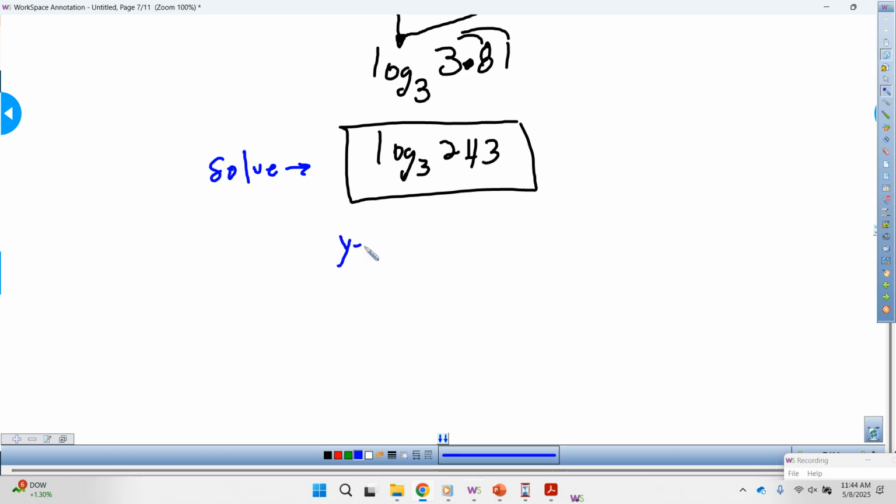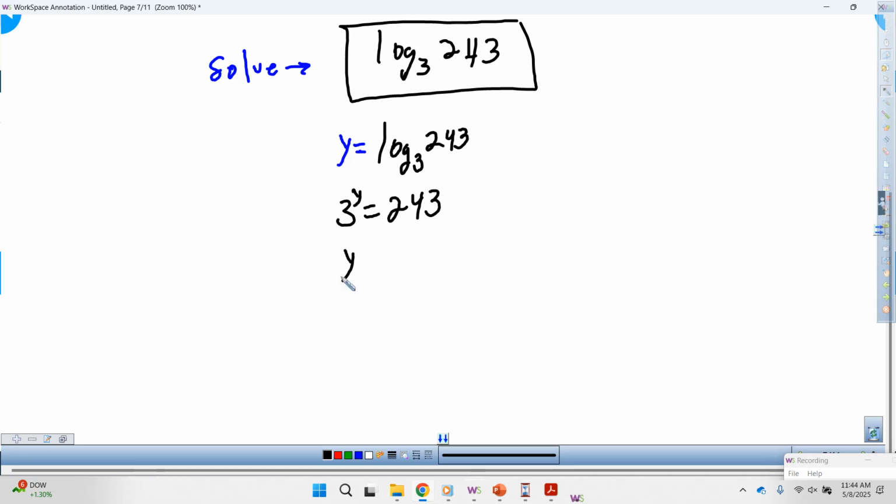We set it equal to y: y equals log 3 of 243. Change it to exponential. The base is 3, exponent y, equals 243. Same base. 3 to the y equals 3 to the what? Question, how many times do I multiply the 3 times itself to give me 243?